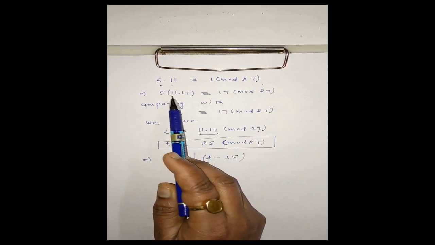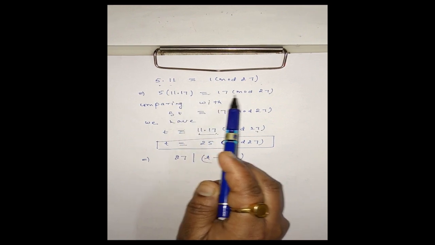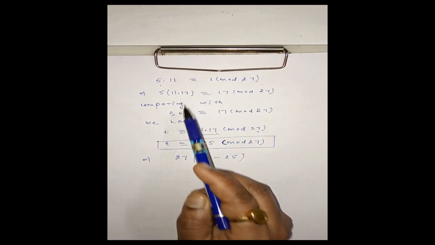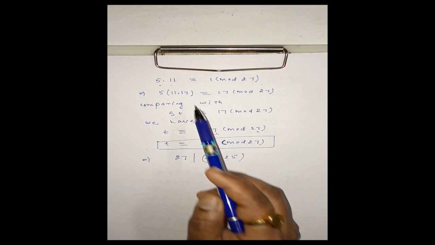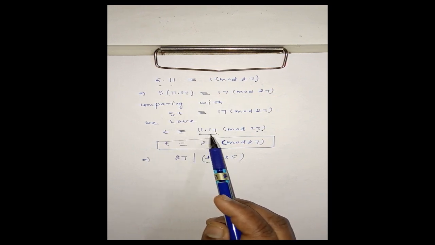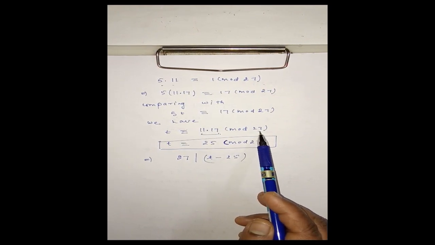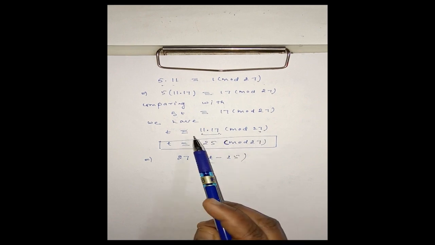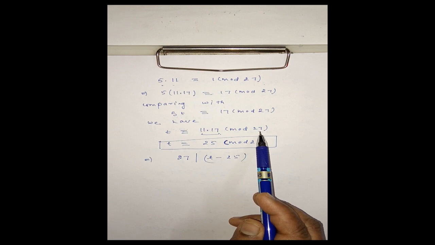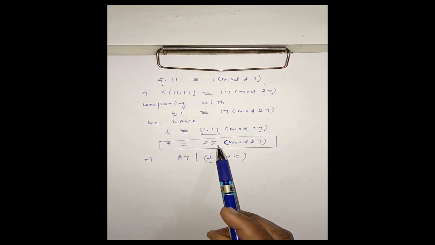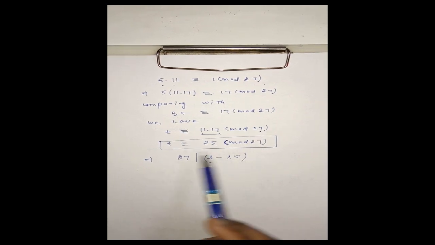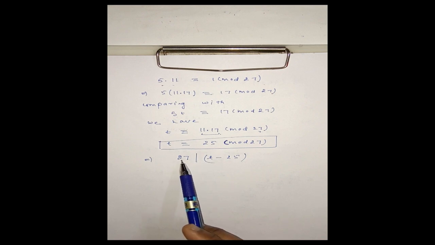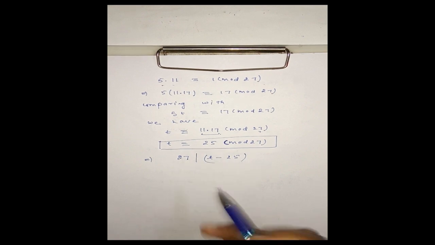Now 5 into 11 into 17 is congruent to 17 modulo 27. Now from these two congruences, we can write t is congruent to 11 into 17 modulo 27 is one of the solutions. Now this number is clearly more than 27. Now dividing this number by 27 and writing the remainder here, we have this congruence. Now this by definition implies 27 divides t minus 25.